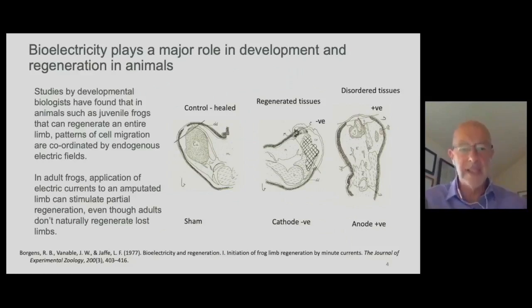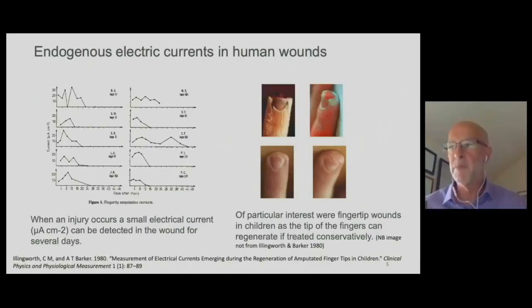So if that's in animals, what happens in humans? Can we see any evidence for electrical signals in human wound healing? Well, of course we can. And of particular interest to the group in the 1980s that were the authors of this paper, they showed that fingertip wounds in children, which as you may know, can actually regenerate partially, at least give you the nail back, if they're treated conservatively.